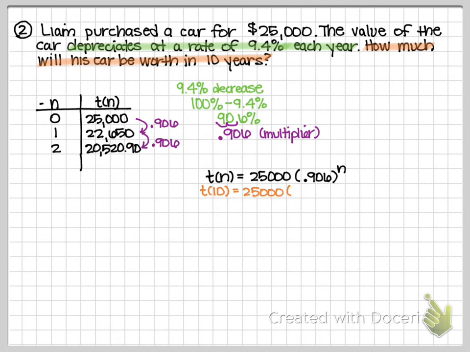You'll notice that the multiplier is between 0 and 1, which means the value should be going down. And it did. So from the calculator, we have 9315.839239.